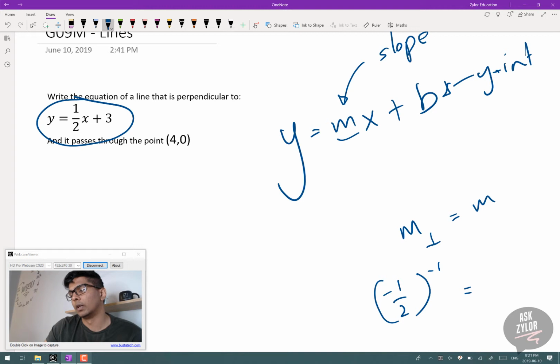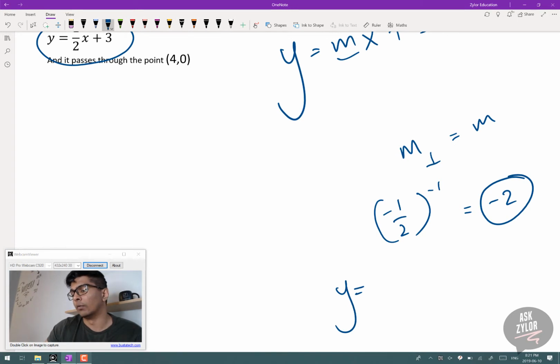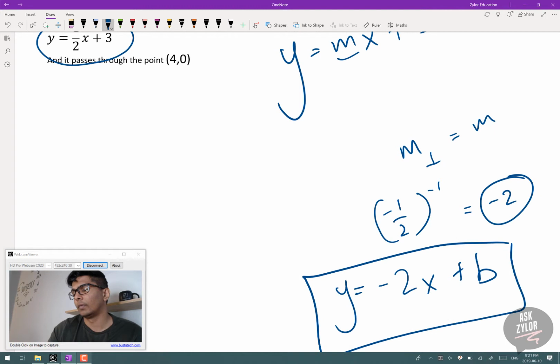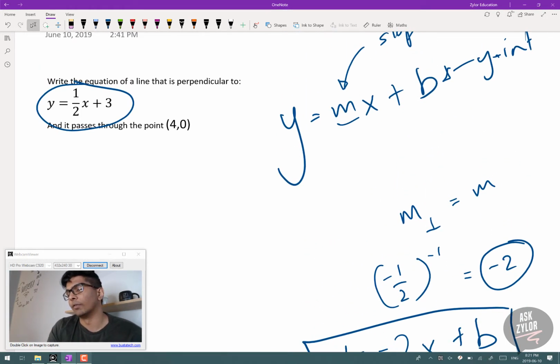I'm going to flip the fraction. So I have -2 as my slope for my line. So I have y equals -2x plus b right now. Once again, to find the slope of a line that is perpendicular, we get the negative reciprocal. So we change the sign of the slope and then we invert the fraction.